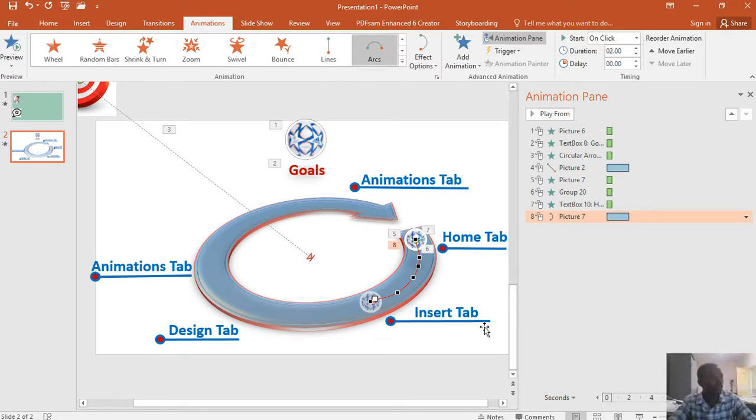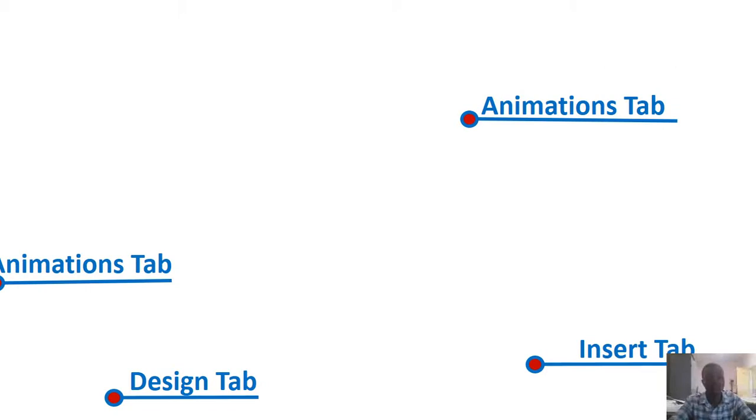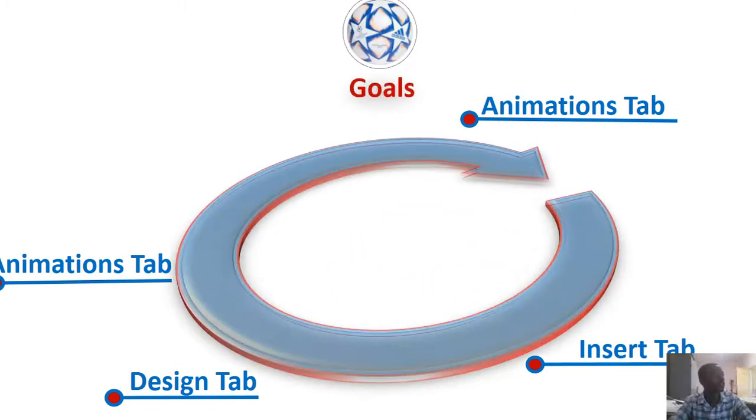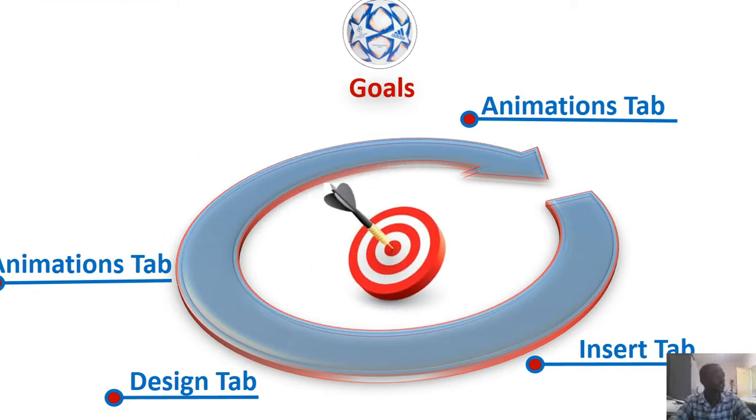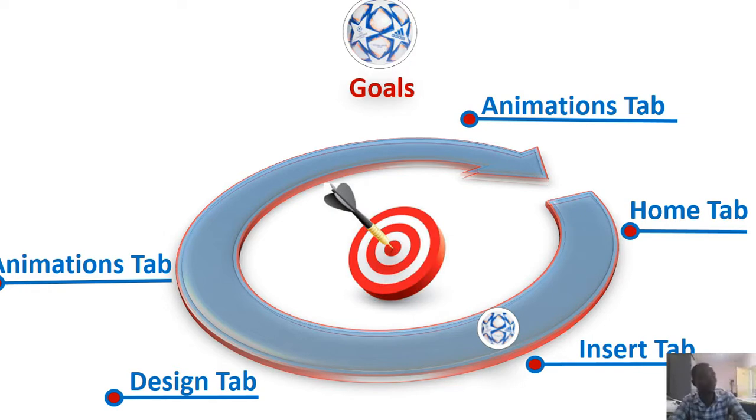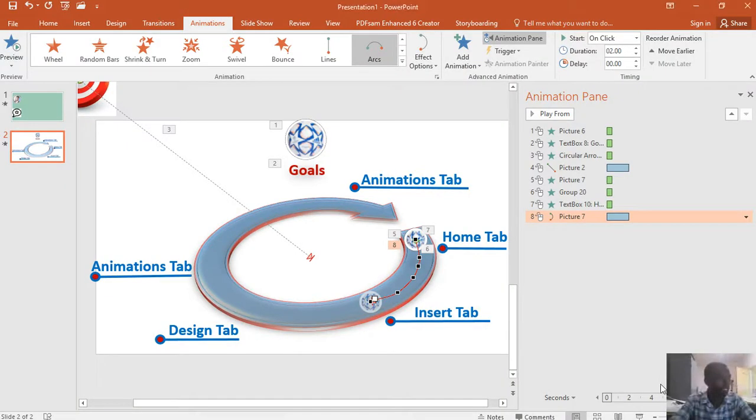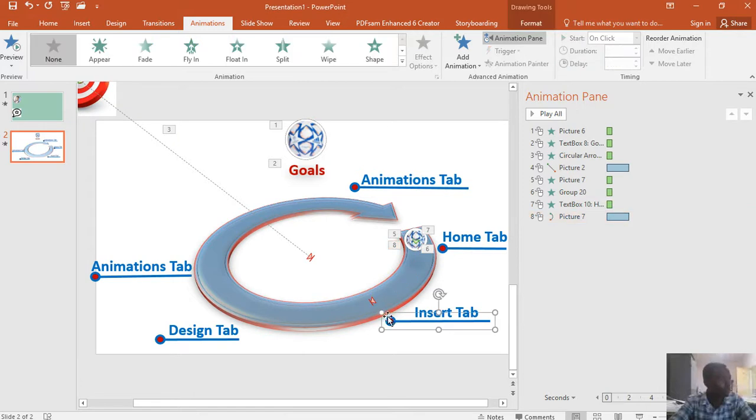right? So what happens is this, let's test it, right? We have that our ball, and then we have goals, then we have that shape come in, then we have our dot, the ball comes in, the text comes in, home tab, and then the ball rolls in that direction. You get what I'm saying, right? So now after this we need to animate this.